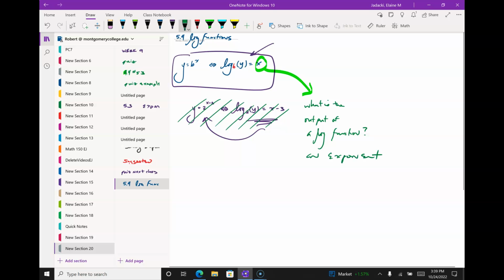So we're going to learn a bunch of properties about logs, and they're going to follow the properties of exponents. For example, when you're multiplying like bases, what do you do with exponents? You add them.